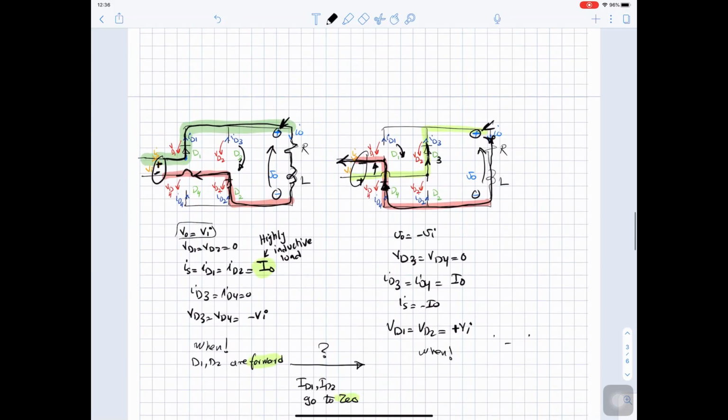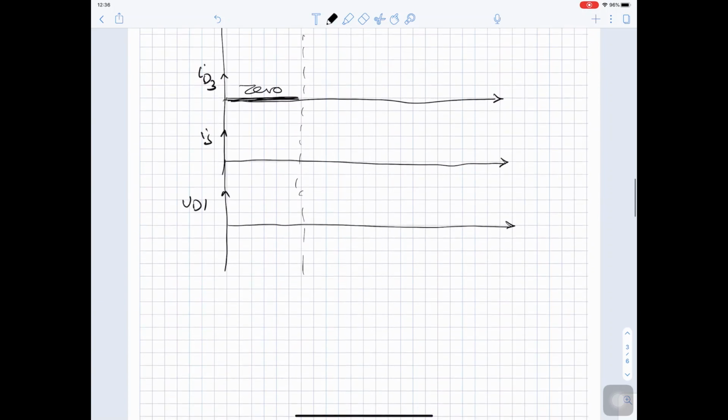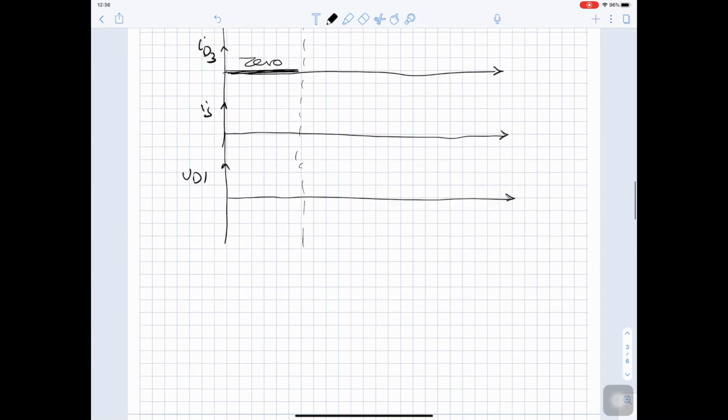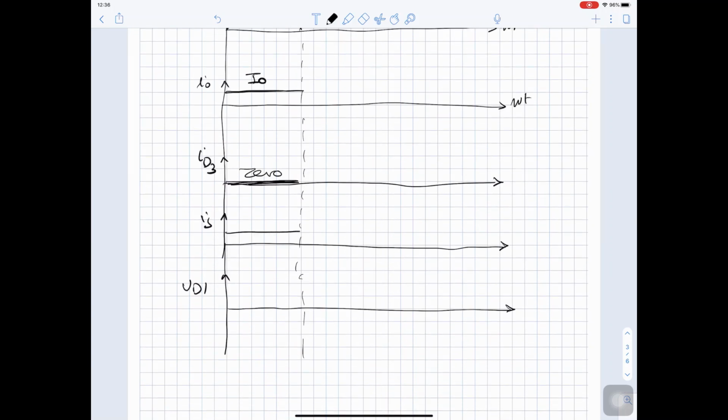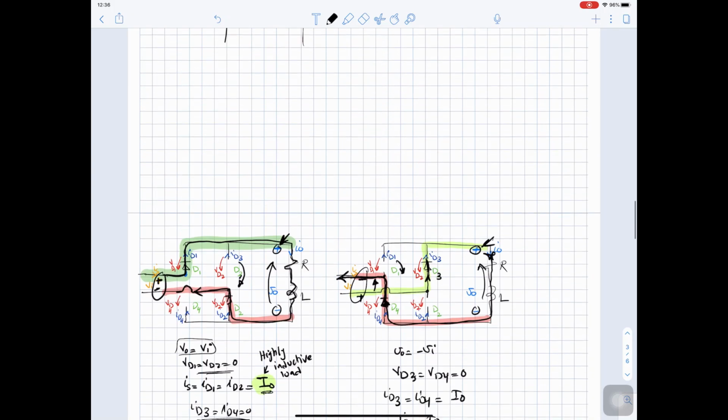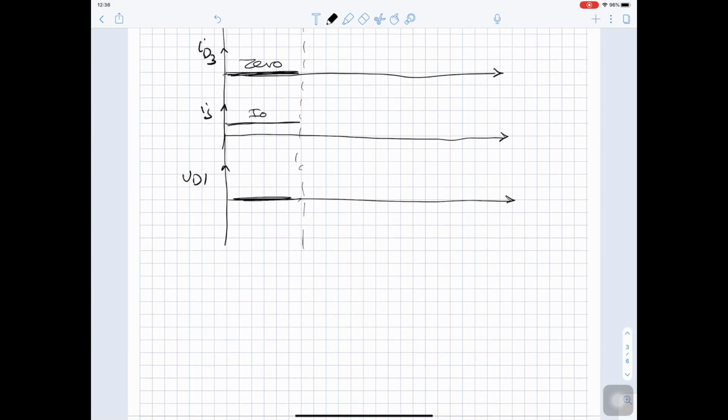As we can see here, I diode 3 is 0. I source equal to I out. V diode 1 is 0.